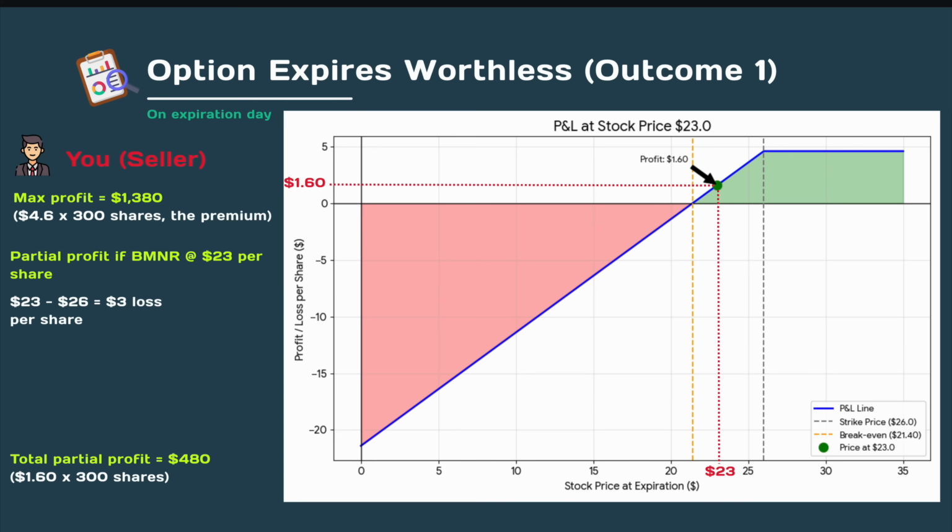However, keep in mind that to enter this trade, the buyer had to pay me a premium of $4.60 per share for me to engage in this contract. And if I take that $4.60 and subtract that $3 of vertical loss, I would get $1.60 of profit per share. And that's exactly the same number as what's showing on the vertical axis on the P&L diagram.